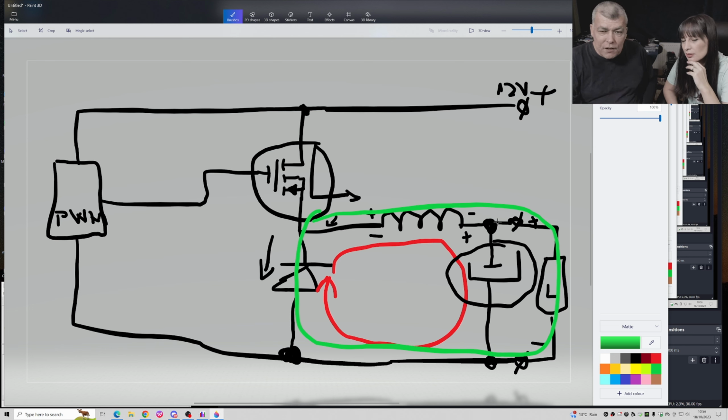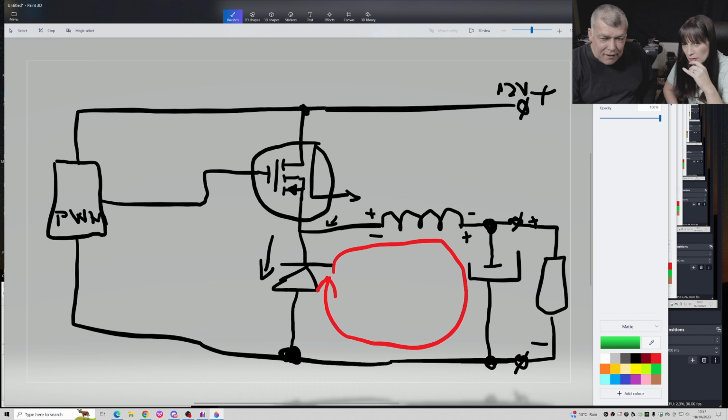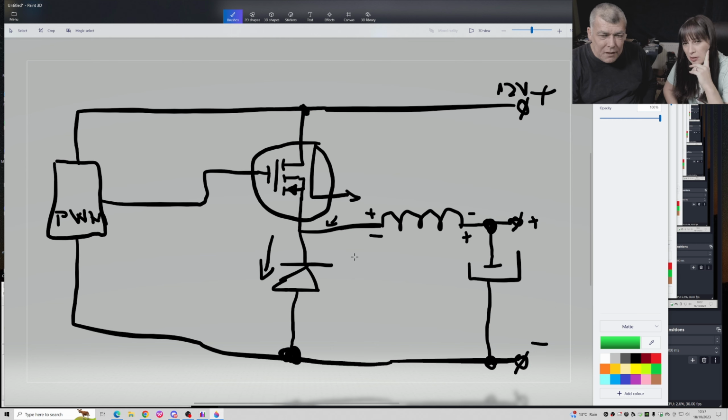And the second, it's acting as a zero ohm resistor when the coil is charging and discharging. So you don't need that resistor there, because the capacitor is acting like a short. So this circuit is enough to have it working.